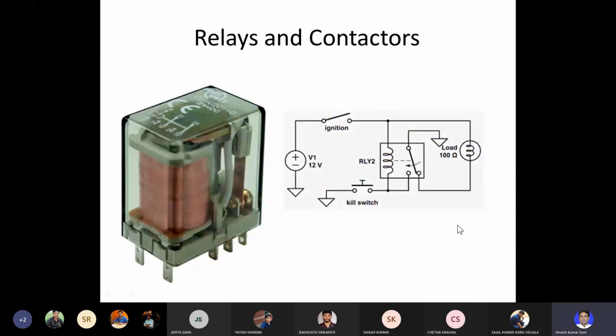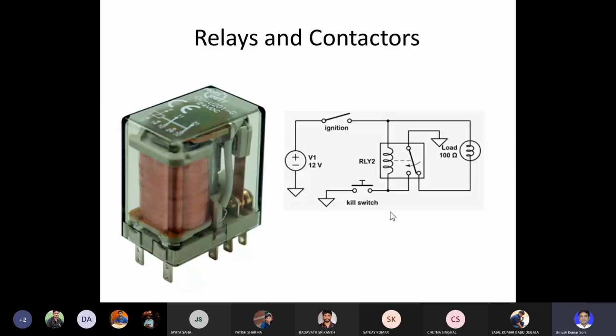So thermal overload relays, which are non-coil based, work on the principle of bimetallic strips. Here, the coil-based relays and contactors are there, in which a fixed voltage is provided through the logic to the coils of the relays or contactors.